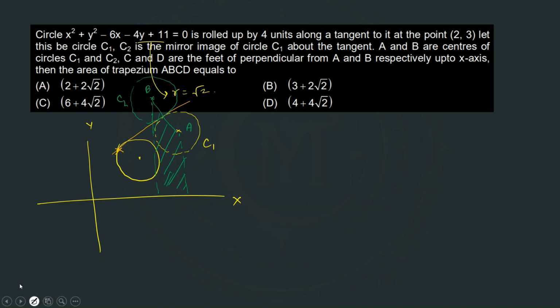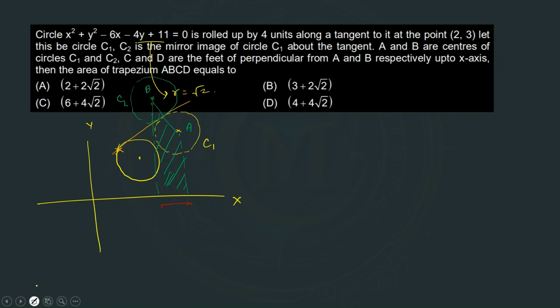How to find this area? We simply find the distance between them, which is the difference of the x coordinates of A and B, and the sum of the parallel sides, which is the sum of the y coordinates of A and B. So we first have to calculate the coordinates of points A and B.